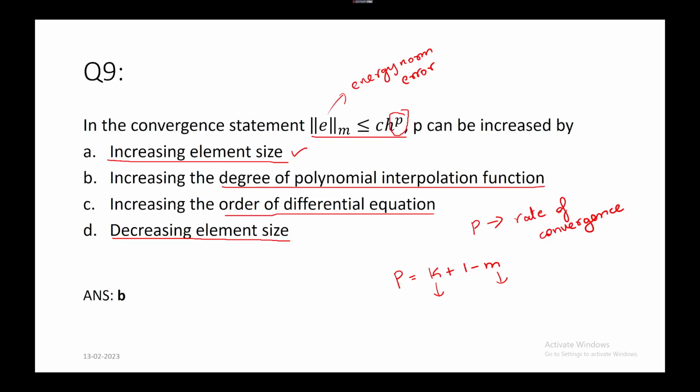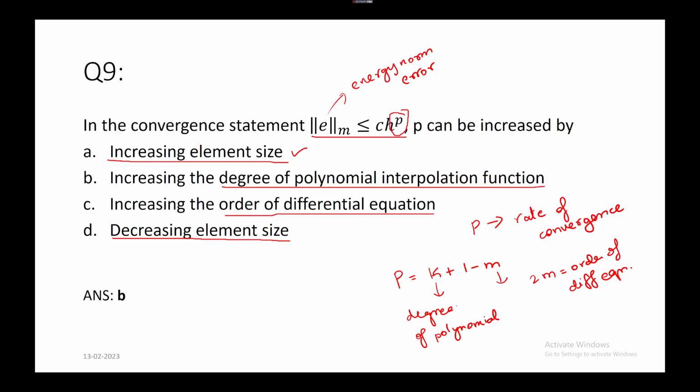Okay, so k is nothing but, sorry, not order, this is your degree of polynomial. And m is nothing but, 2m is the order of the differential equation.